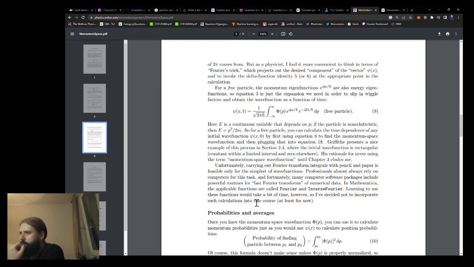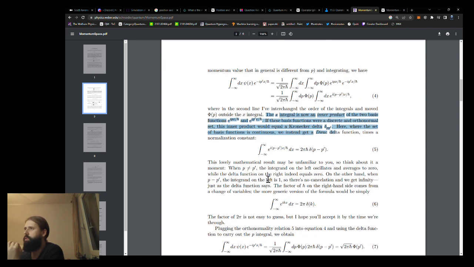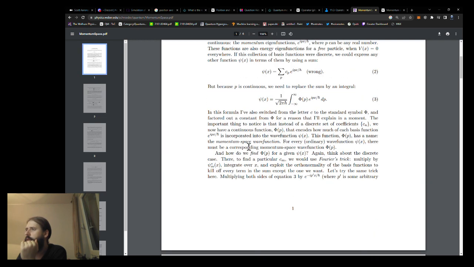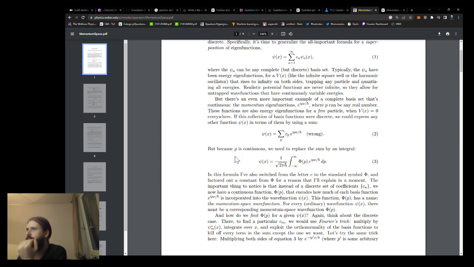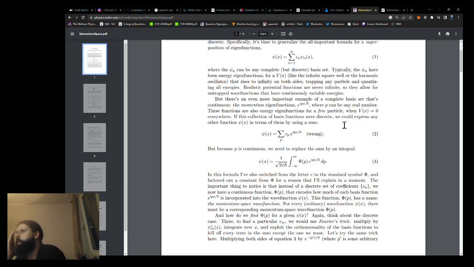You know what bothers me? What bothers me about all of this is the very fundamental basic understanding of the eigenfunctions, I guess. Why can you do that at all? The momentum.